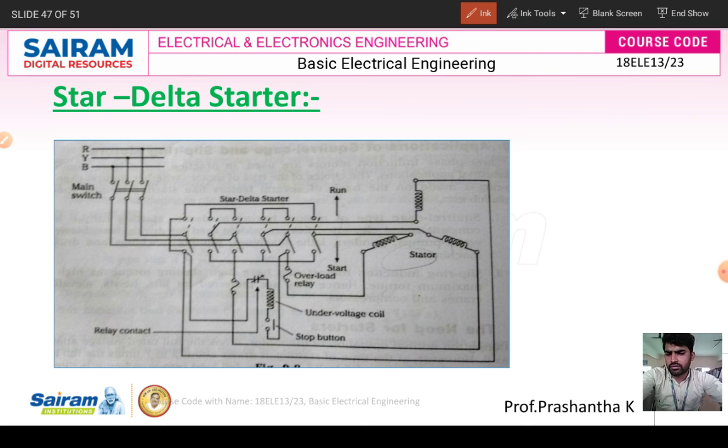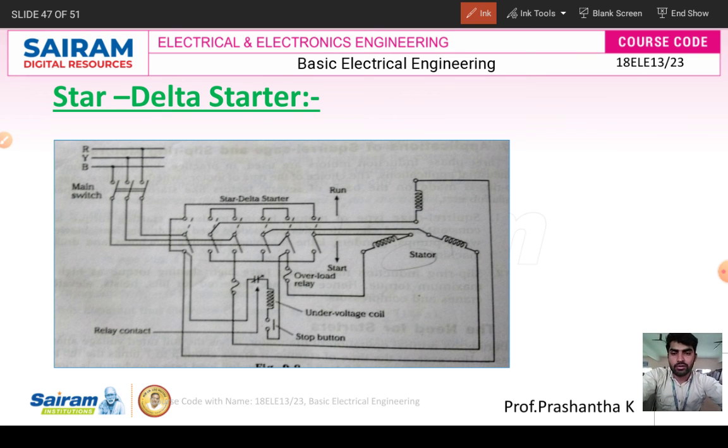The relay contact is like a current sensor. There is a CT, current transformer, present, because the current transformer sends the signal to the relay contact, so the circuit breaker contact will open. Likewise, for overloading, automatically the star to delta starter MC will trip off. Underloading, overloading, it's like a normal operation, okay.